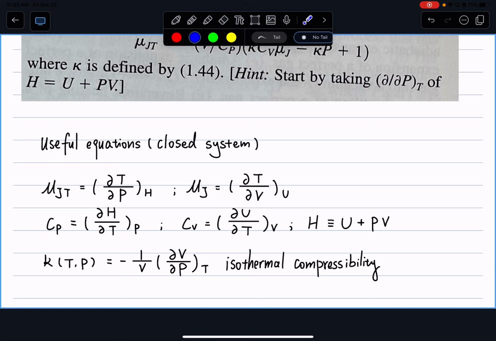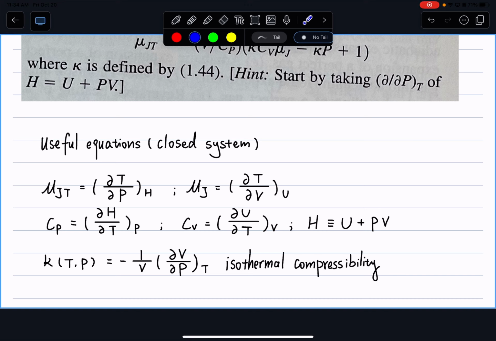Now, the only difference between what we want and what we have right now is this term. What we want to prove here is negative Cp mu JT equals V chi Cv mu J minus chi Vp plus V. So that's what we're trying to prove, and this is what we have right now.